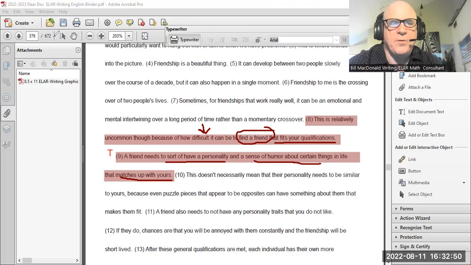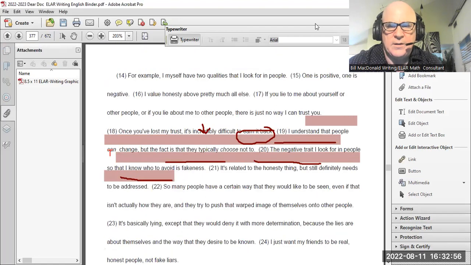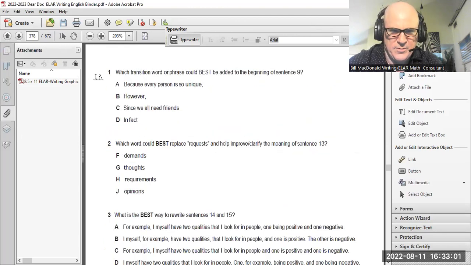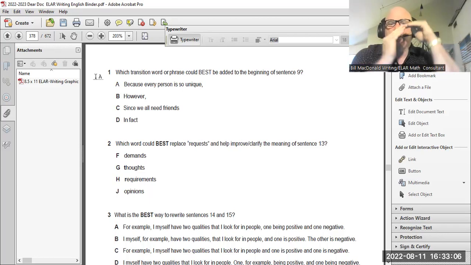So I'm just going to remember my keywords, and then we'll do what we call guess and check on number 3. Okay. It's hard to find a friend that meets your qualifications. Transition. Because every person is so unique, you want to find one that meets, that has your sense of humor and your character.